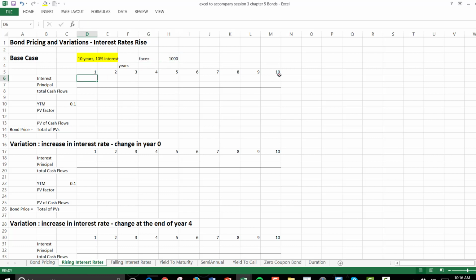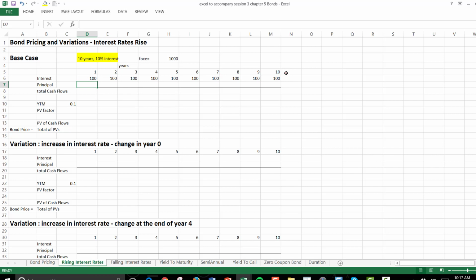If this is an annual interest rate, which it is, we will take the face amount times the coupon rate, which is 10%. And that interest we pay for the full term. Oops, sorry. I'll do plus that. That's easier. I'll just copy that all the way across because it's identical.